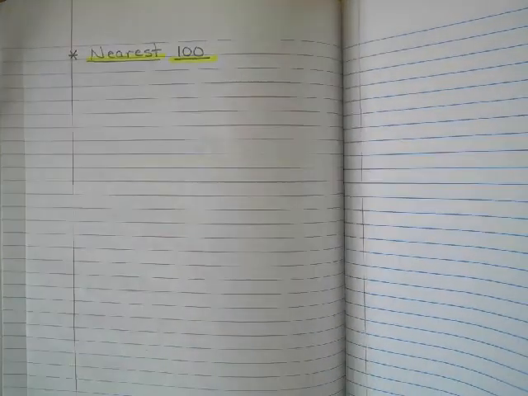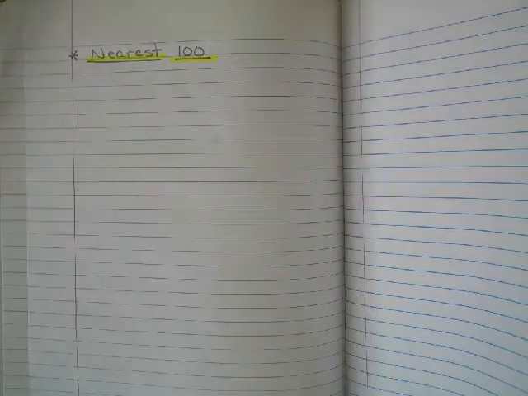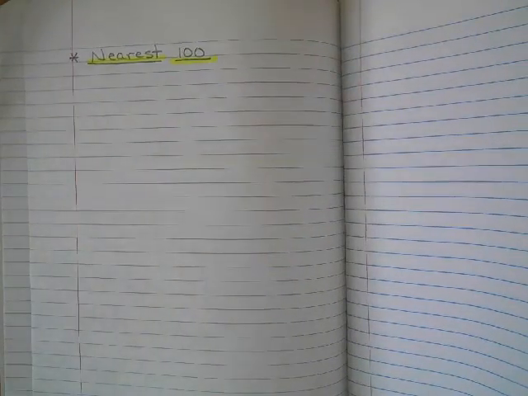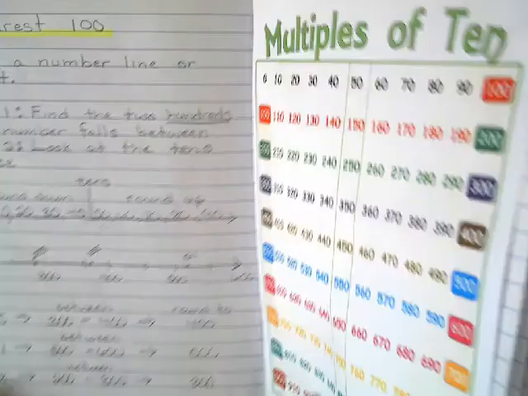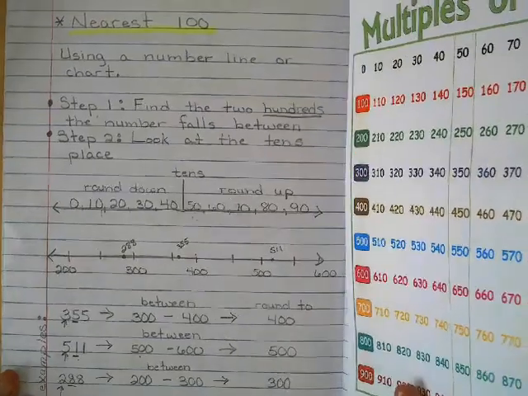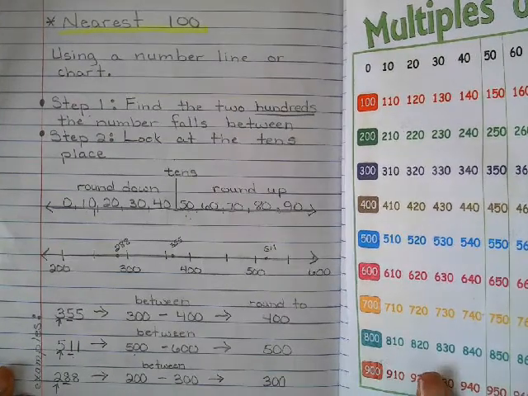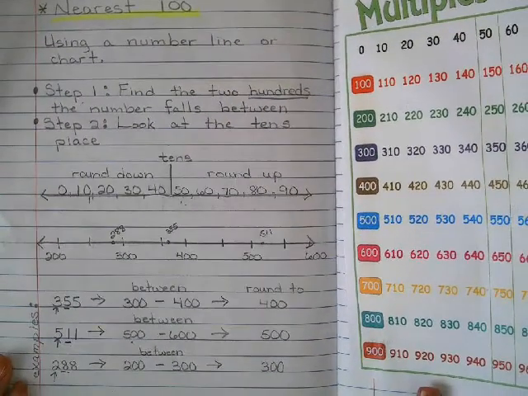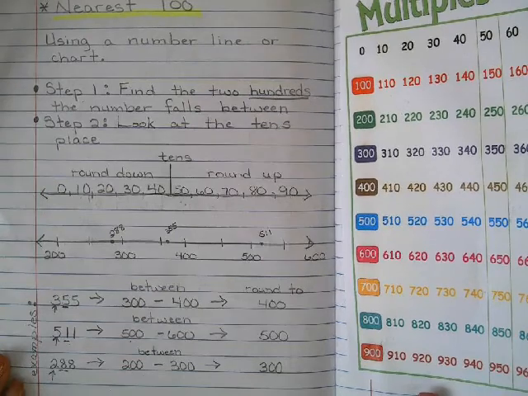Now, I already have the notes written, so I'm going to just show you real quickly what that's going to look like. So at any point, you're going to take time right now to pause, and you're going to write this out.